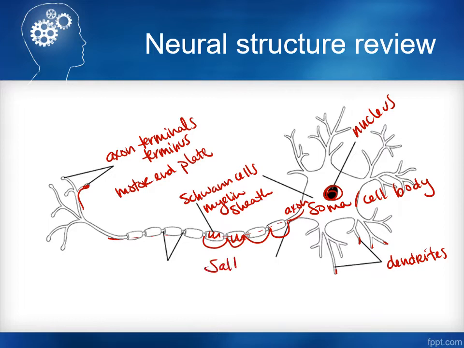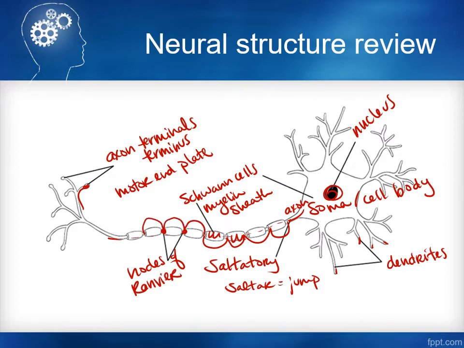This is known as saltatory because in Espanol, saltar means to jump. And then here, these little divots between those Schwann cells, these are the nodes of Ranvier. And this is where that nerve impulse is going to jump. Good? Good.